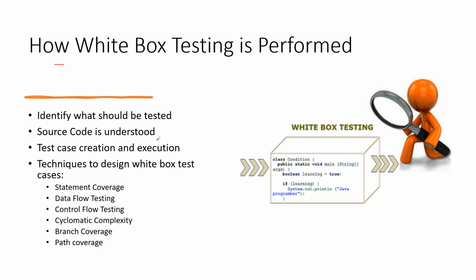At that time, you should have a good idea of what the code is about and how the source code is written. So: identify what should be tested, understand the source code, and then test case creation and execution. Based on that, a test case should be created and executed.